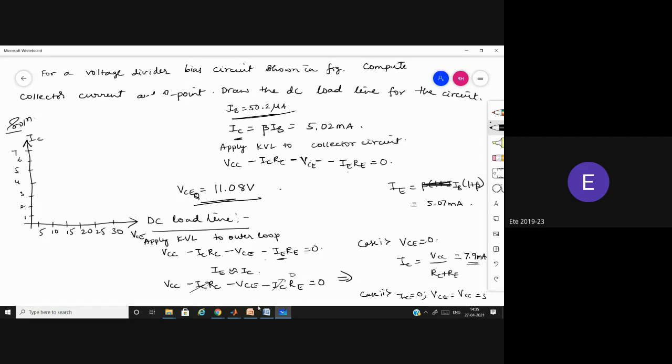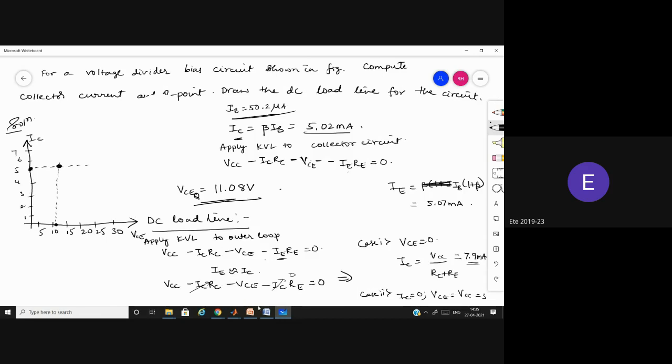First we will plot the quiescent current. Quiescent current is 5.02, so somewhere here, almost 5, and VCEQ is 11.0, almost 11. Somewhere here we get this, our operating point.